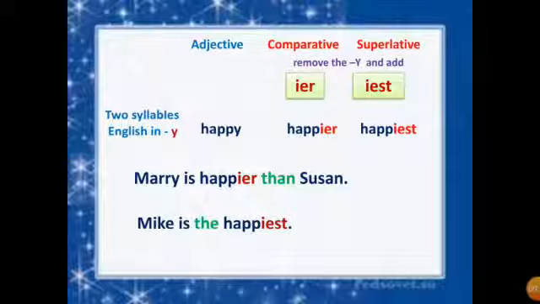The next, Mike is the happiest. In this sentence, for the adjective happy, remove the y and add iest.